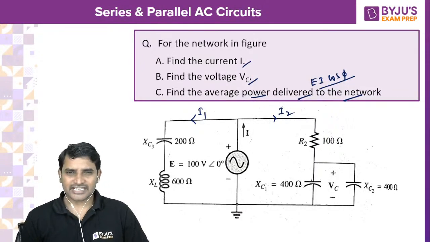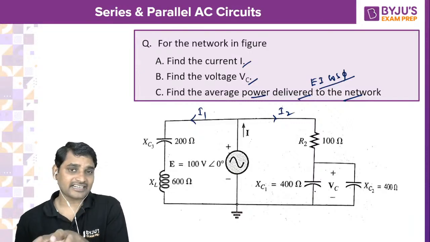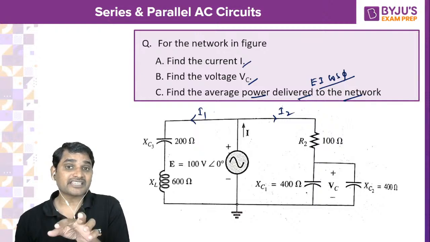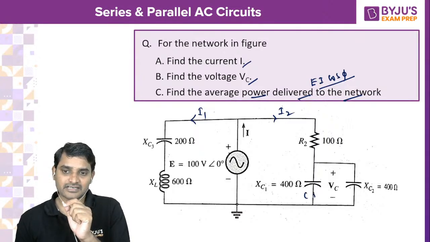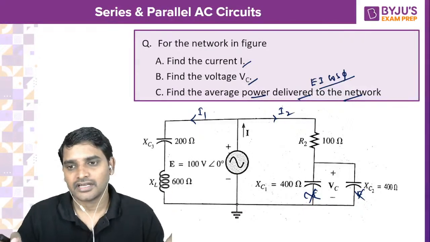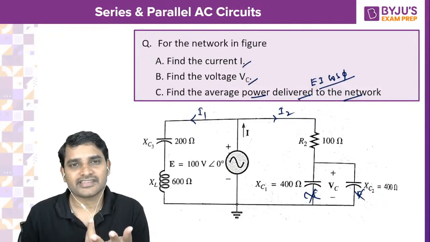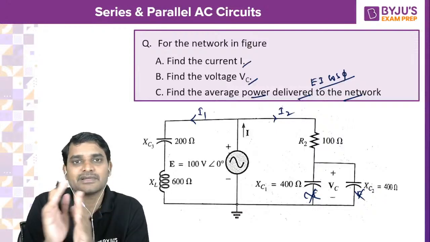Remember, the capacitors are connected in parallel, but the capacitor values are not given in terms of farads. If you had capacitances, you could add the values, C1 plus C2.